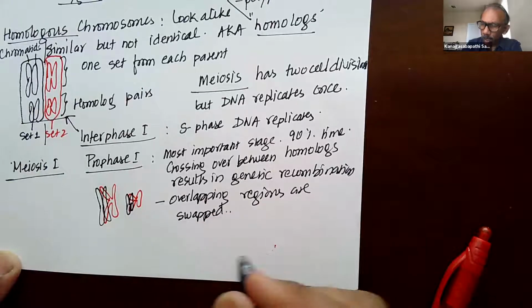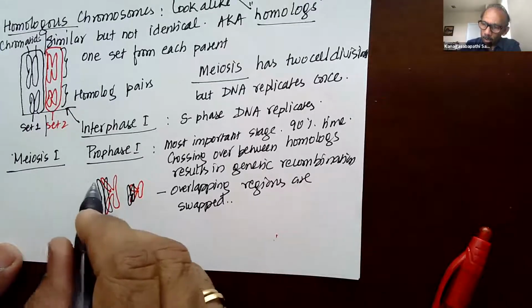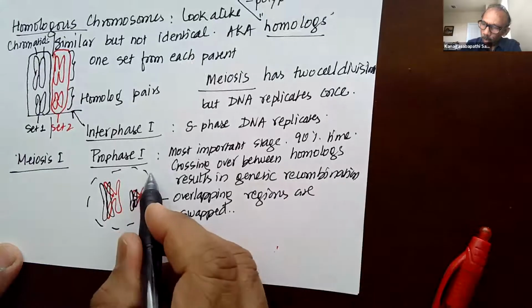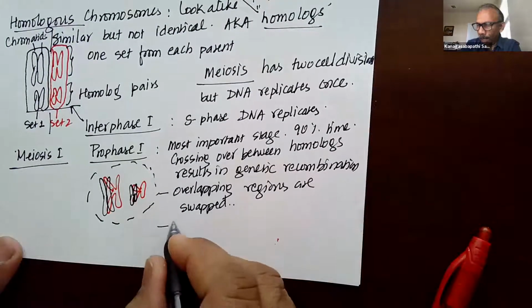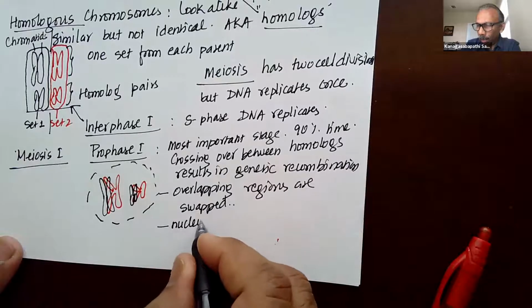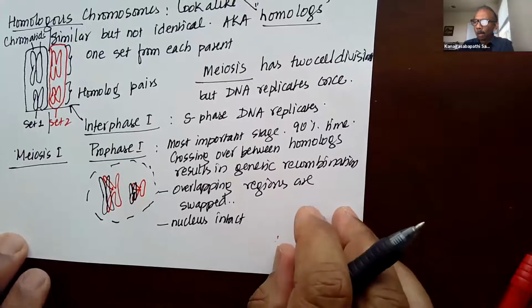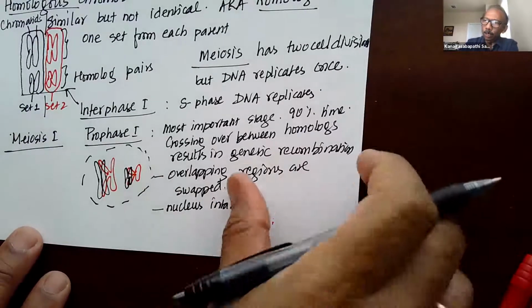This is an important reason for the variation. So the nucleus is still intact when this is happening, and then they undergo this crossing over, and then they exchange the genetic material.